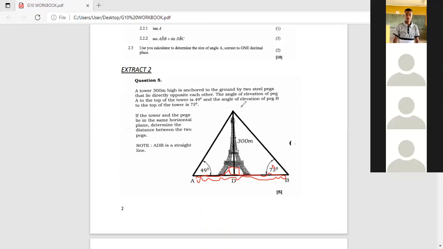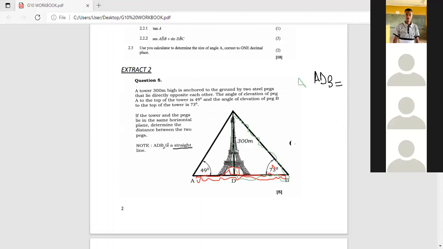Fine, so for the first triangle on the right, this triangle, I'm going to start with this triangle. Because I want ADB, I know ADB is a straight line.